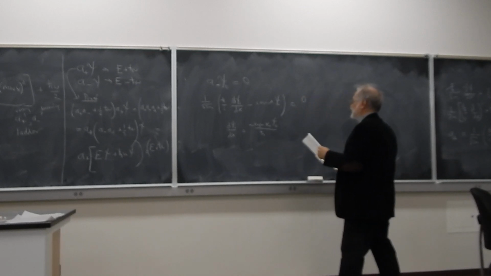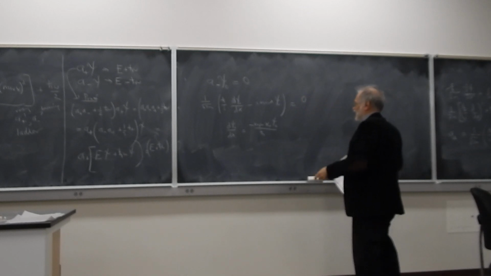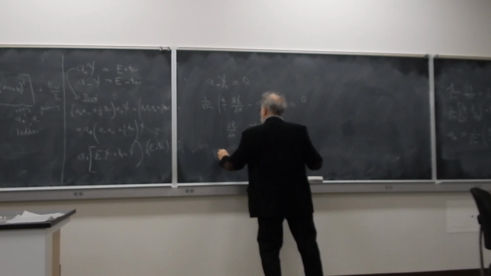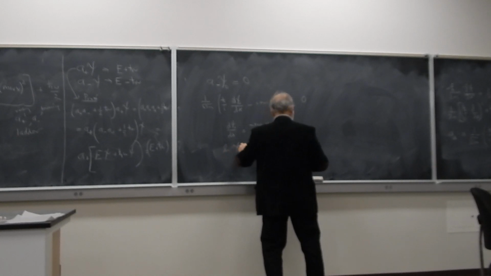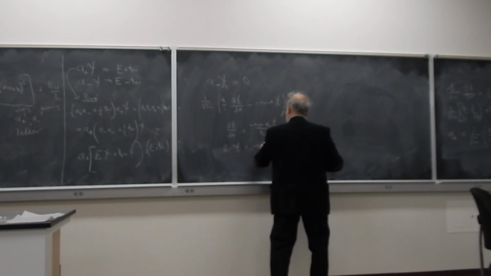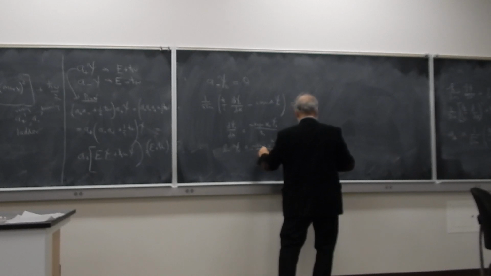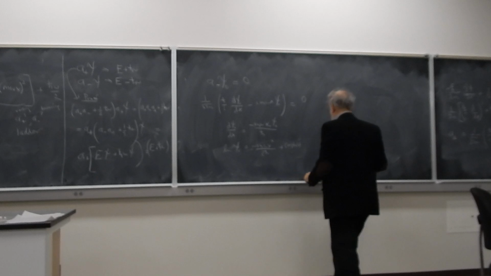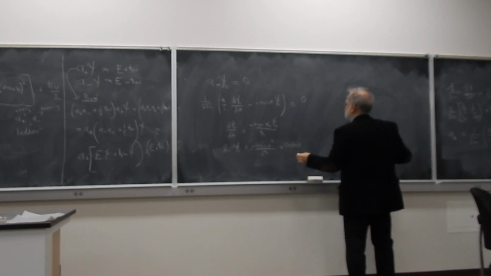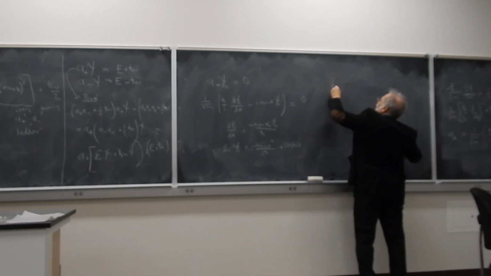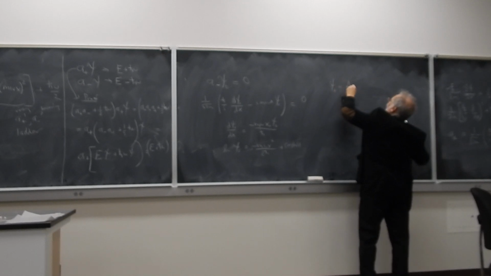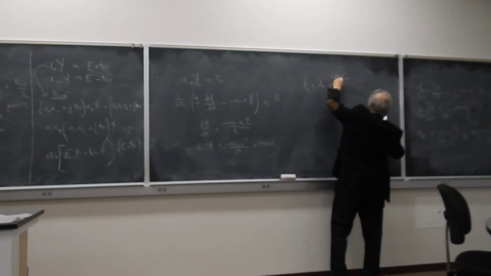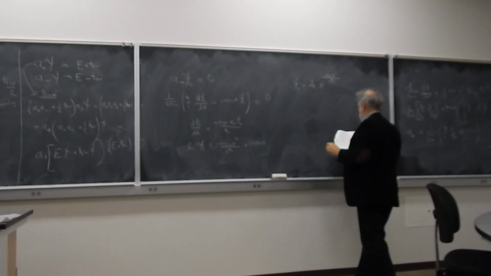And of course I can solve this differential equation by separating variables, bringing the psi naught to one side and the dx to the other side, and I'll get that log of psi naught is equal to minus m omega x squared over 2h bar plus some constant. Or if I exponentiate, and put another constant in there, psi naught is equal to a naught, this constant, e to the minus m omega x squared divided by 2h bar.